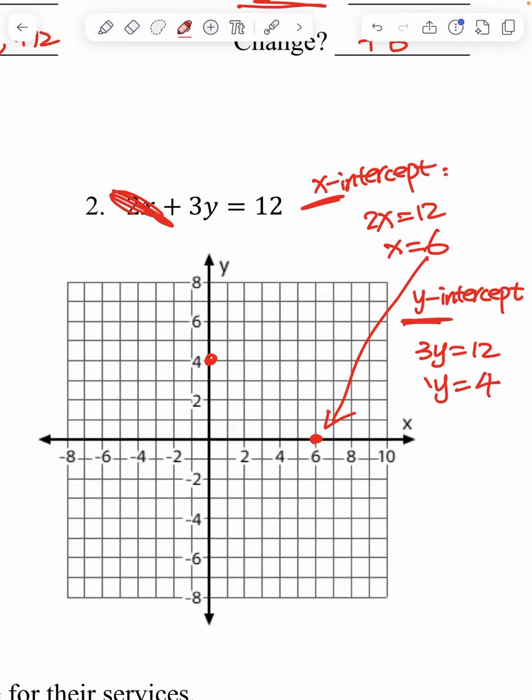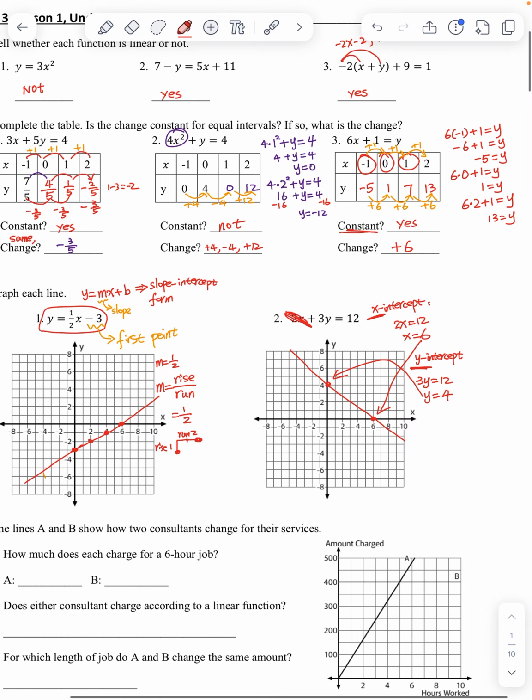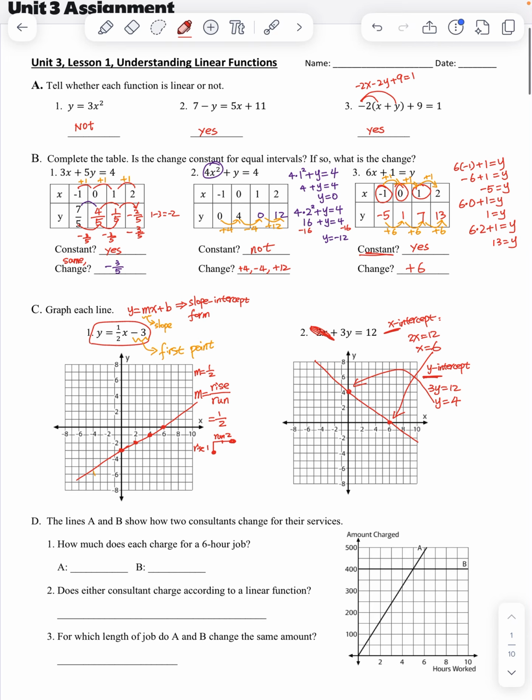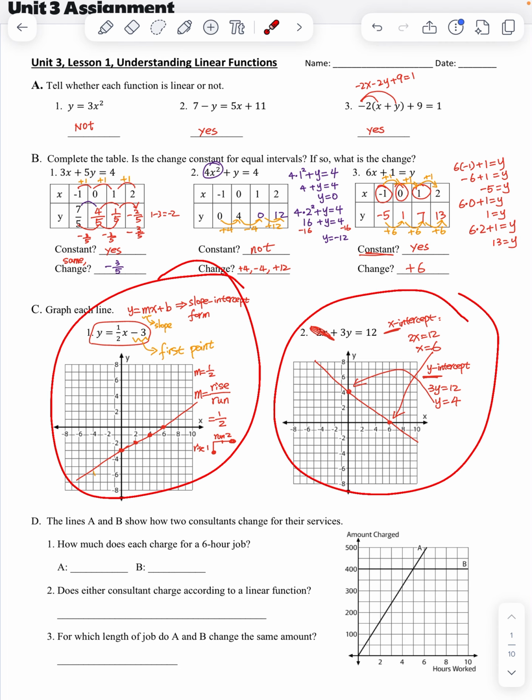It's on the y-axis. Now connect these 2 points. Make them a little longer. If you have a ruler, use a ruler. Make the line more straight, right? Done. Okay. Slope-intercept form and standard form.